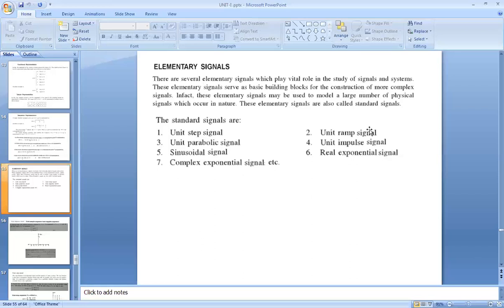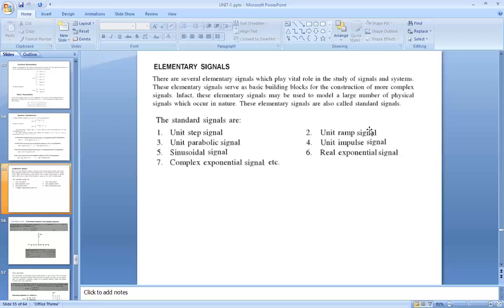For analysis, these standard test signals are necessary, so go through them thoroughly and keep all these points in mind so you can use these fundamentals in your further study.